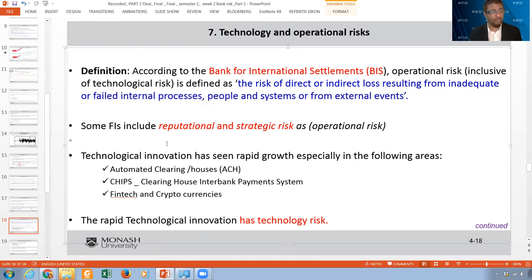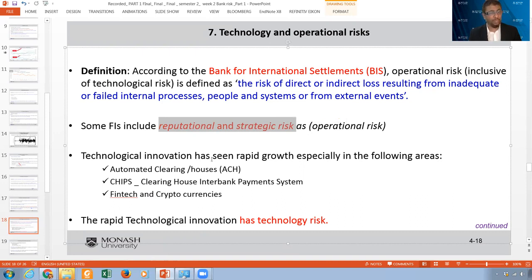Now, some of those technology and operational risks can also bring some reputational and strategic risk. So some financial institutions also include reputational and strategic risk in operational risk.